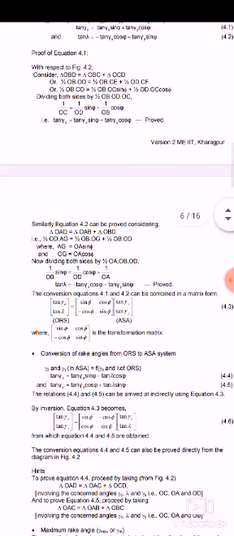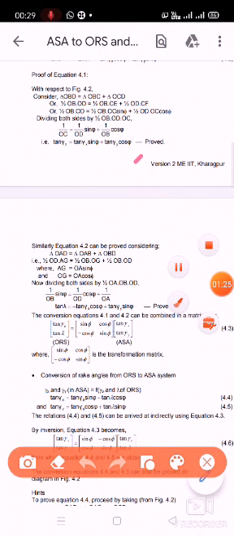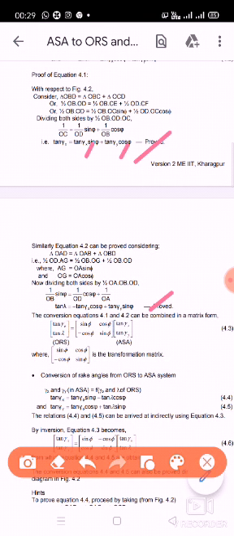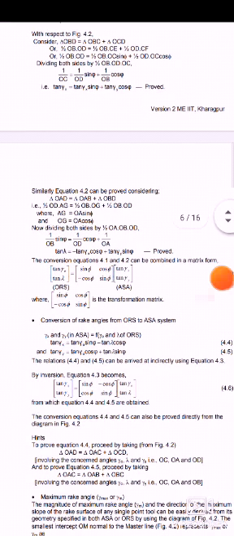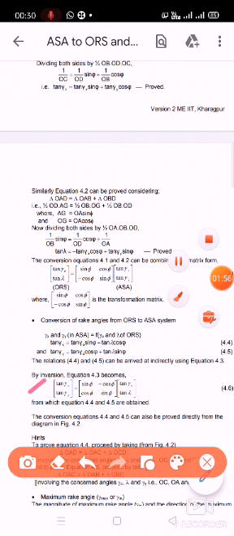Now from this equation and this equation you can write this matrix like plus sin phi, plus cos phi, plus sin phi, plus cos phi, minus cos phi, plus sin phi, minus cos phi, plus sin phi, and finally you will get this matrix.